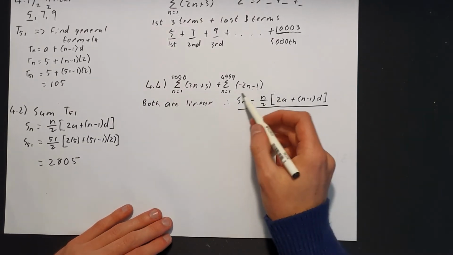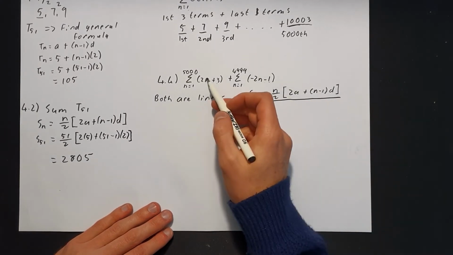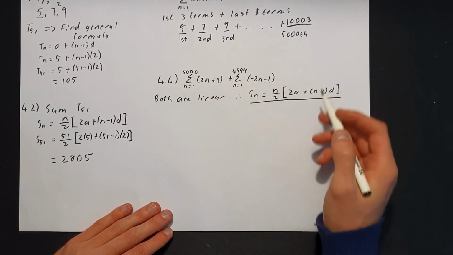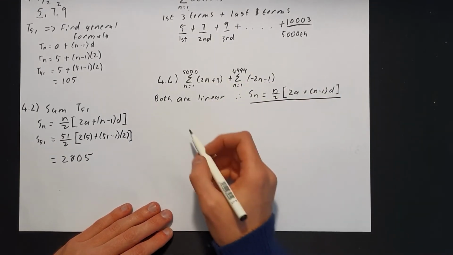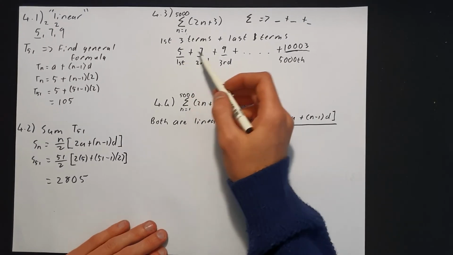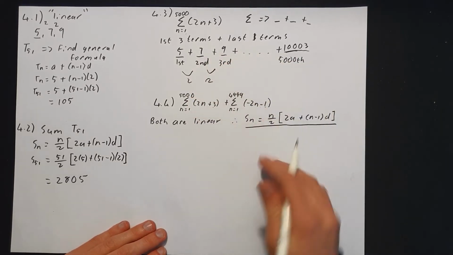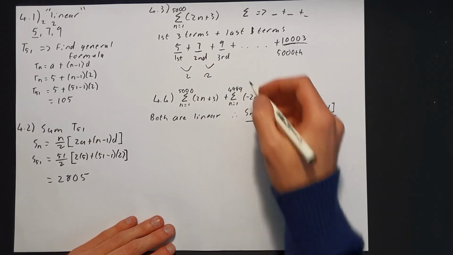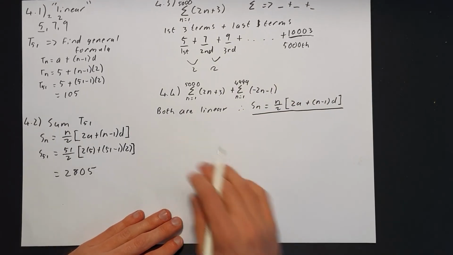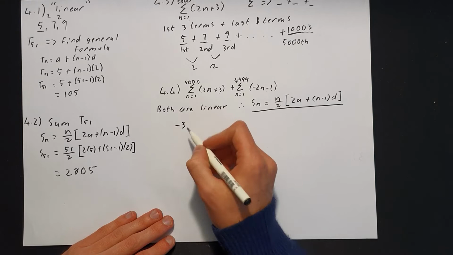We can do this for the first sequence. I'm going to generate the first 3 terms, because we need the first term. For the first sequence you can see up top it's 5, 7, and 9, so we have a common difference of 2. Now I'm going to generate the sequence for the second one. Negative 2 times 1 is negative 2, minus 1 gives me negative 3.